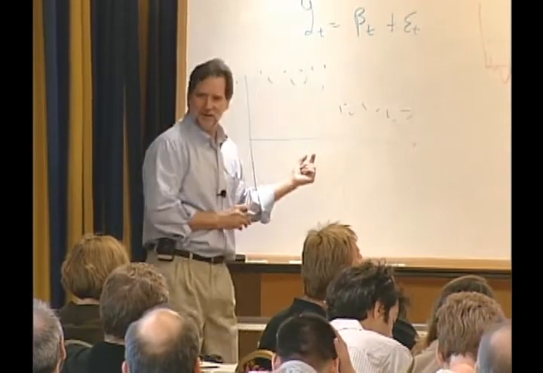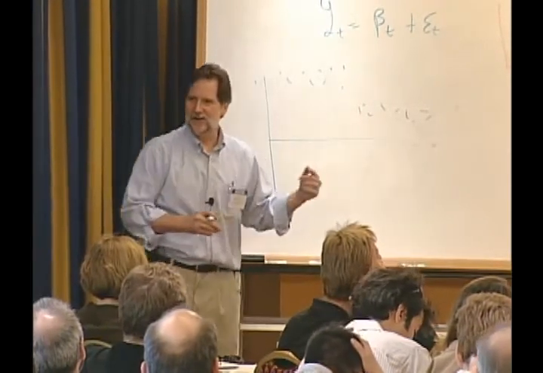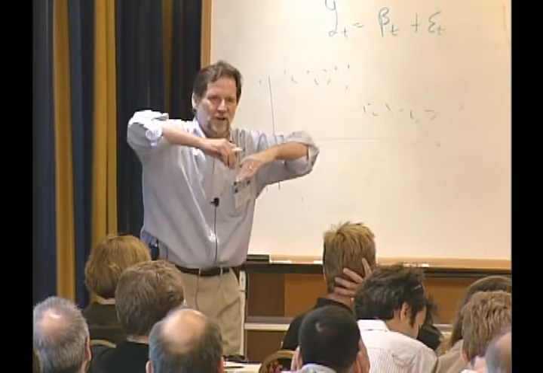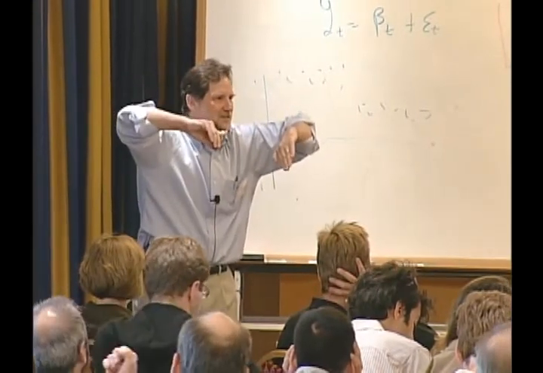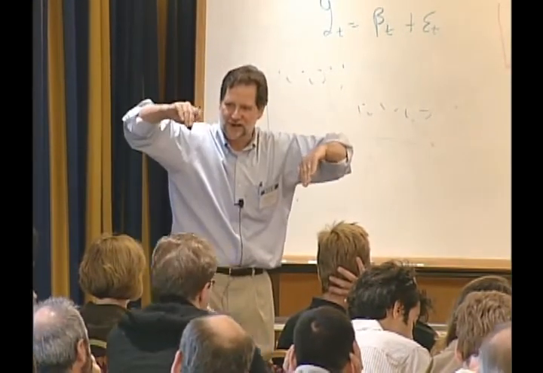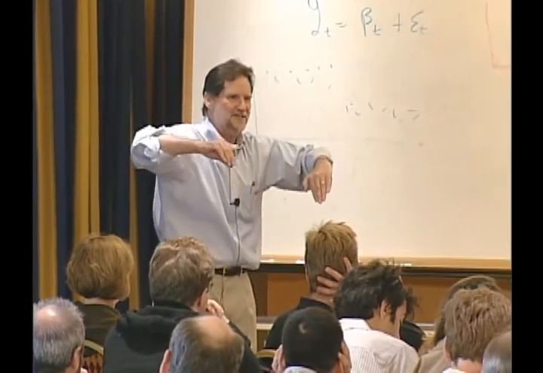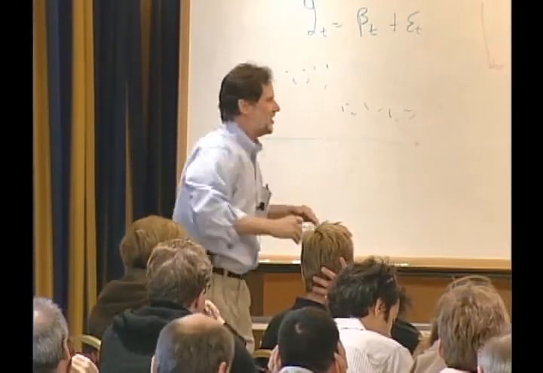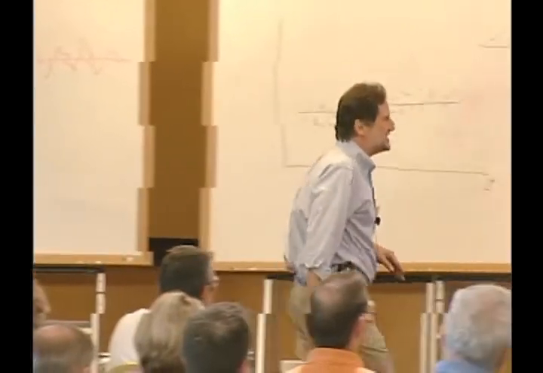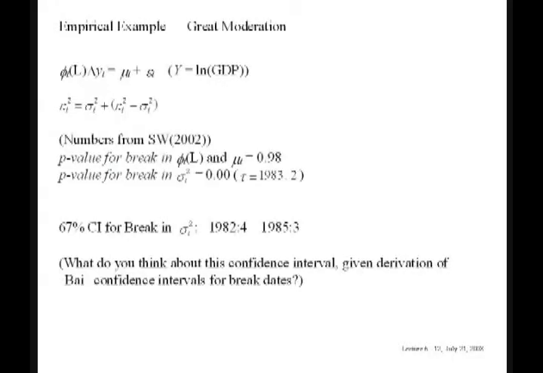If you're pretty sure when the break occurred, then when you go through this by stuff, it means you couldn't have been doing much averaging. If you're not doing much averaging, then really this confidence interval is probably a poor approximation, because you didn't do a bunch of the averaging that we were trying to do here.